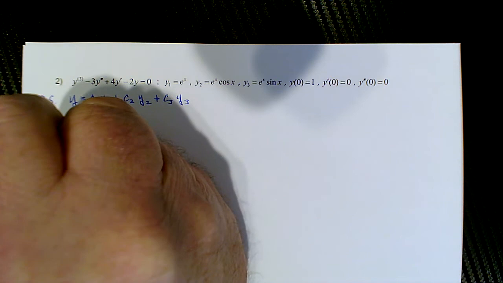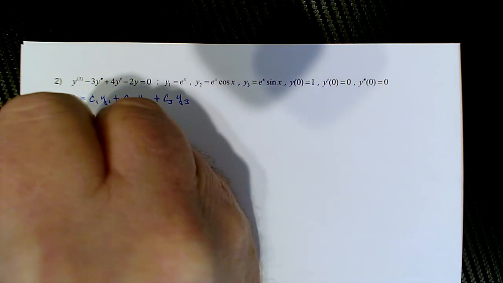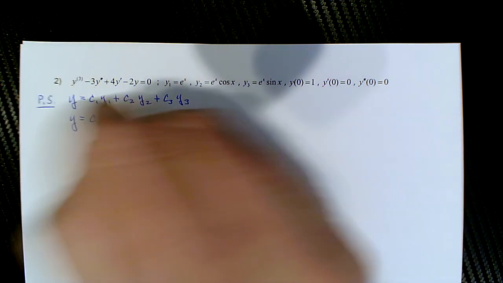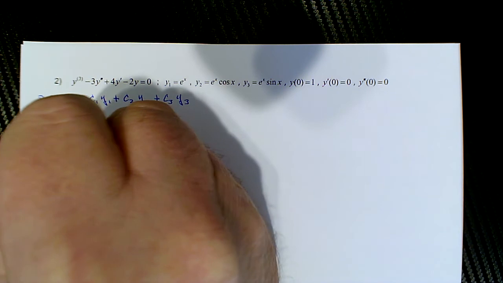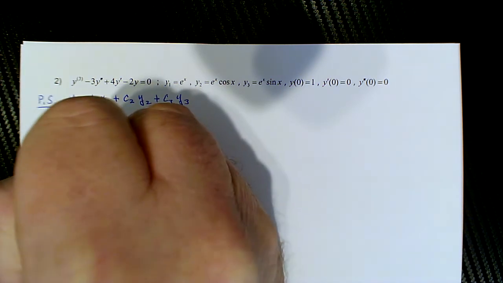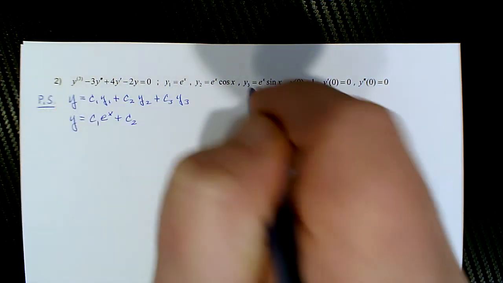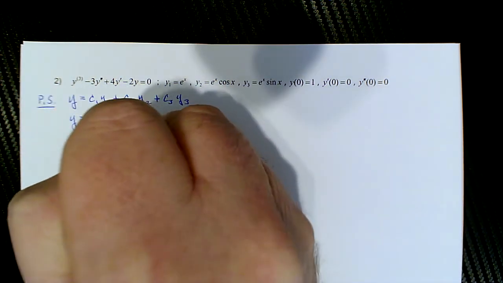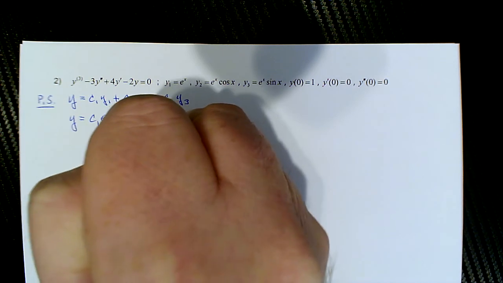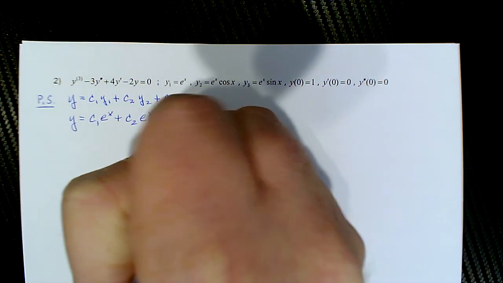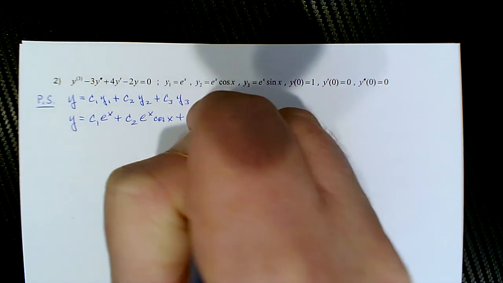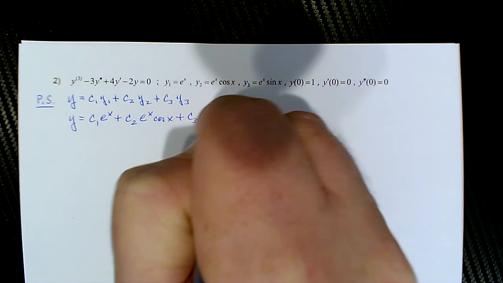And then substituting the functions, we have c1 e to the x, plus c2 e to the x cosine x, and then plus c3 e to the x sine x.